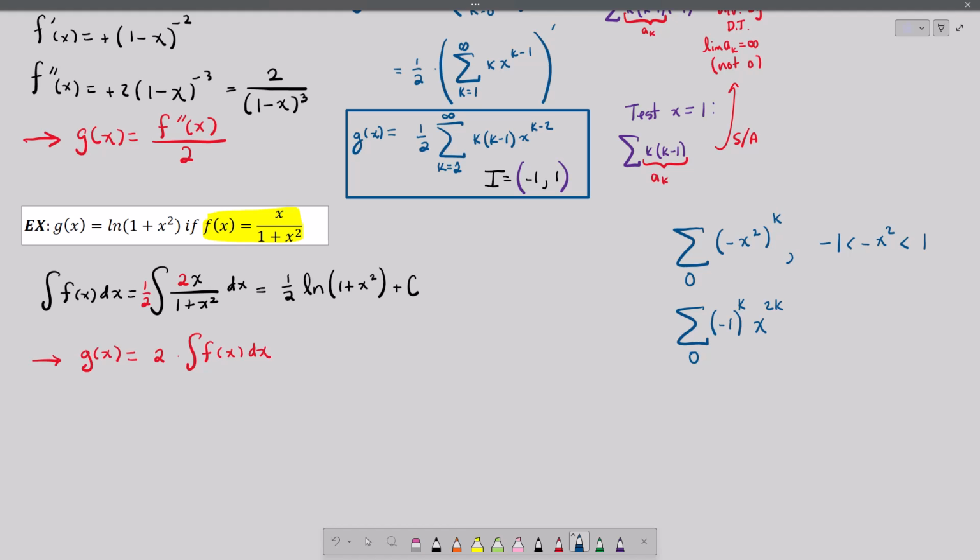And over here, we can multiply everything by negative 1, so that's going to flip the inequalities. So it's going to look like that. But then we don't like the inequalities to be backwards. We like to think left to right. So we can just rewrite this as negative 1 is less than x squared is less than 1.